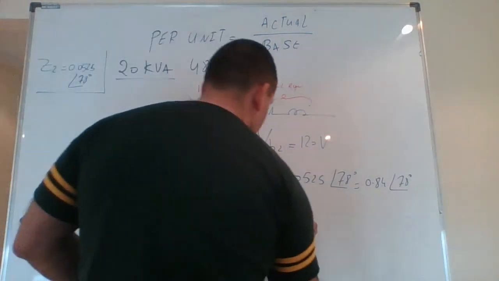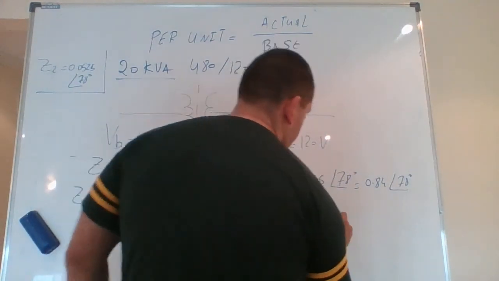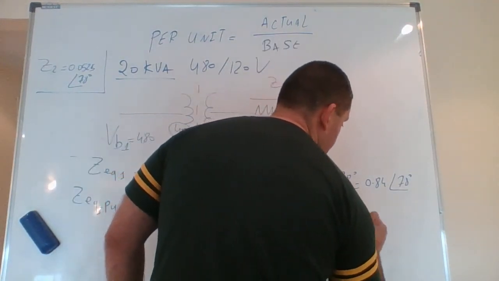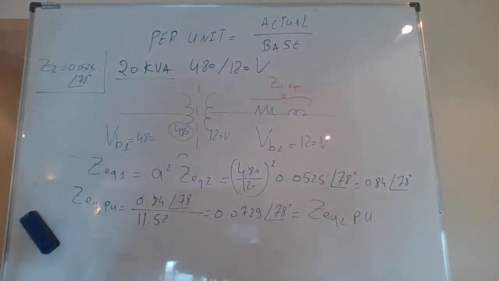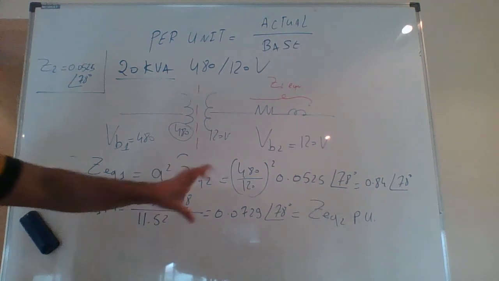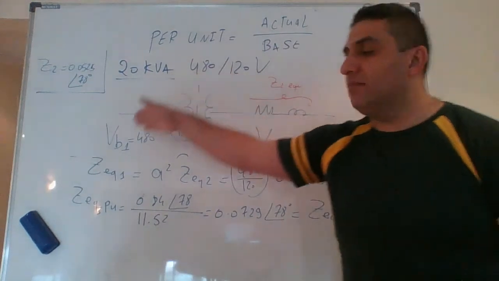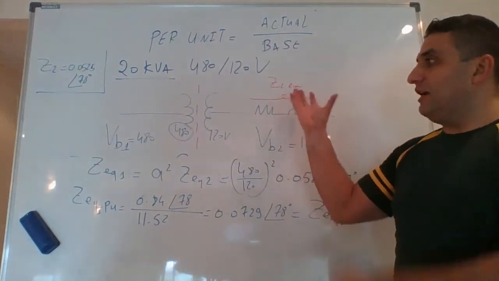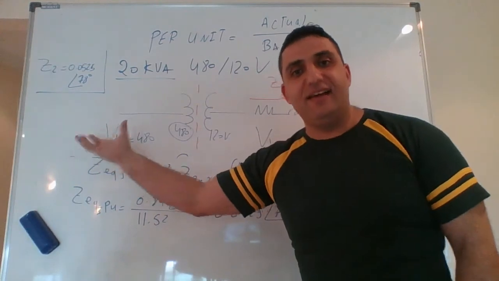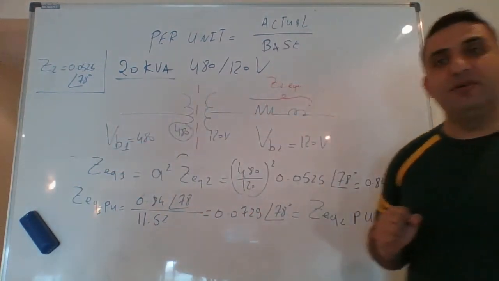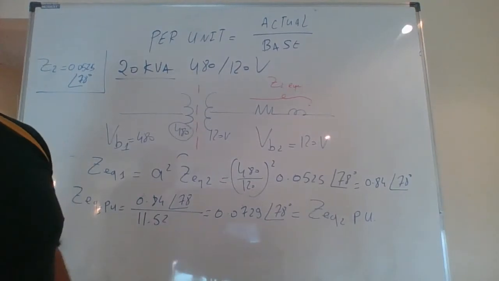Which is equal to Z equivalent 2 per unit. Therefore, the per unit leakage impedance remains unchanged when referred from winding 1 or 2. See, that's one of the advantages of the per unit. The same per unit value will apply. If I look at it from this side or that side, I will have the same value. It will not change at all.